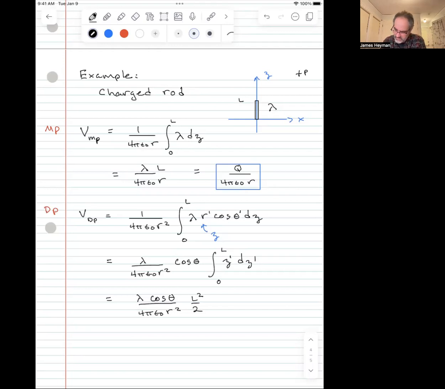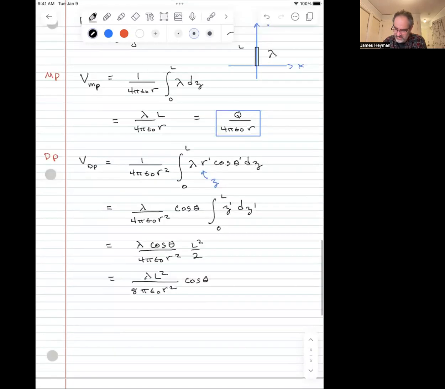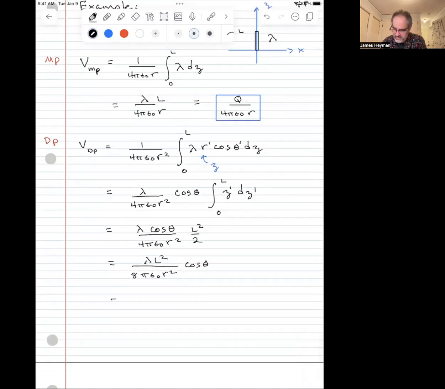Okay? So we have lambda L squared over 8 pi epsilon naught r squared times cosine theta. Or I suppose we could write it this way. Lambda times L is Q. So this is the charge times the length of the object, divided by 8 pi epsilon naught r squared times cosine theta.